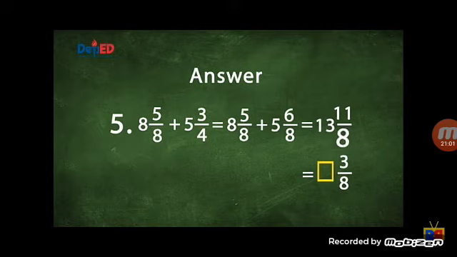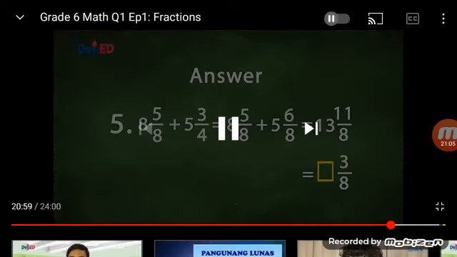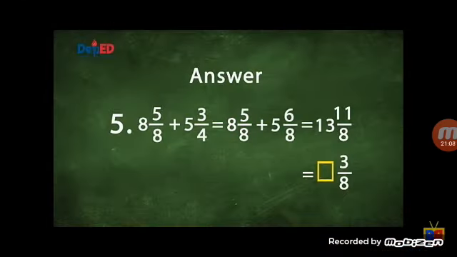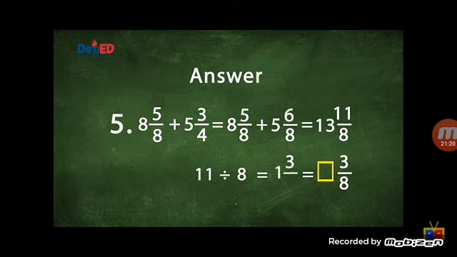Since 11/8 is an improper fraction, we need to change or rename the answer to a mixed number. Let us recall how we change an improper fraction to a mixed number. Divide the numerator by the denominator. The quotient will be the whole number, the remainder will be the numerator, and the divisor will be the denominator.